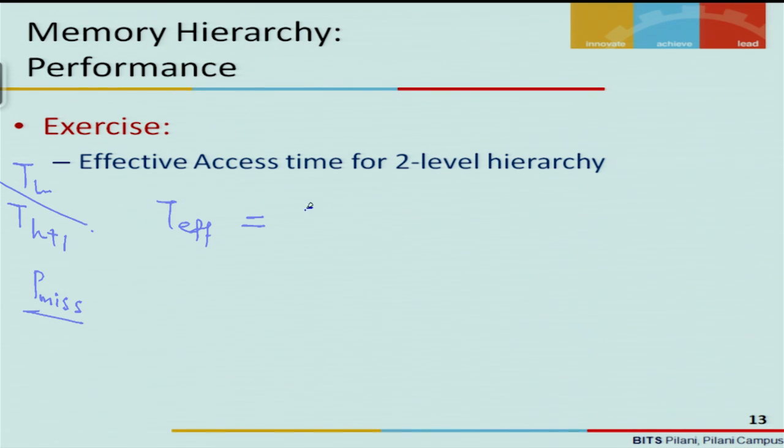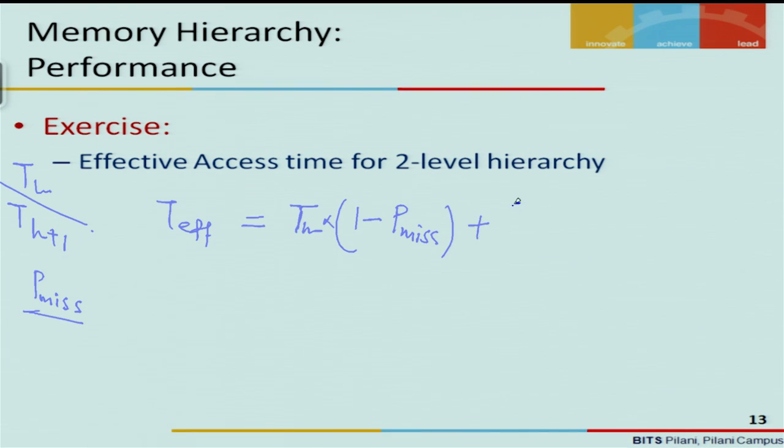So if I'm interested in calculating the effective time, the access time for the highest level H is TH, and 1 minus P miss is the fraction of data accessed at the H level.